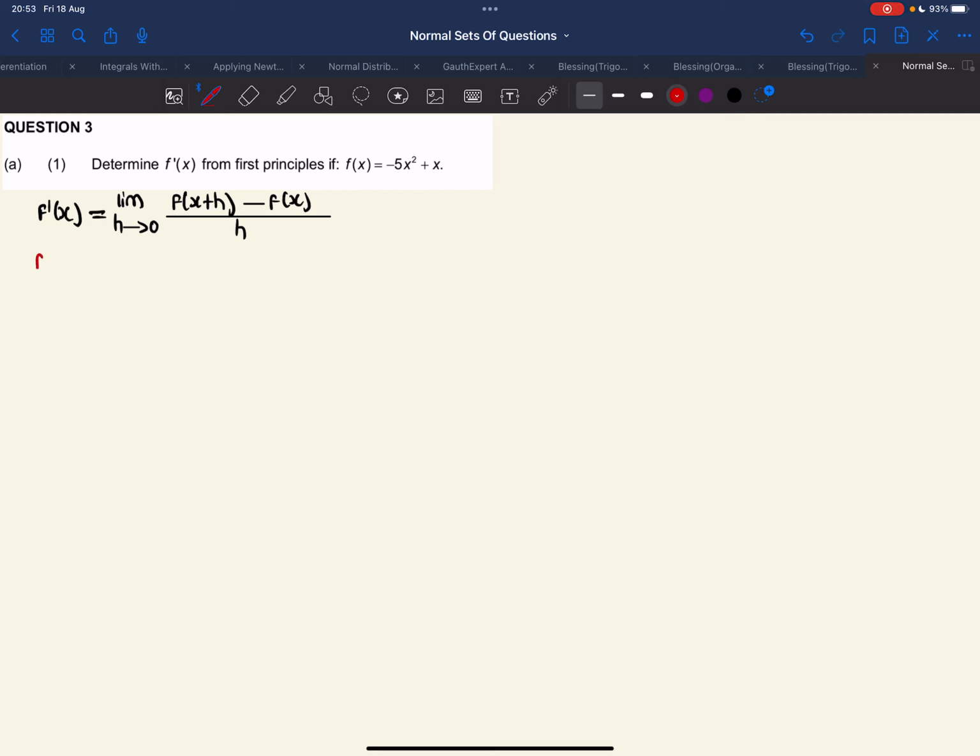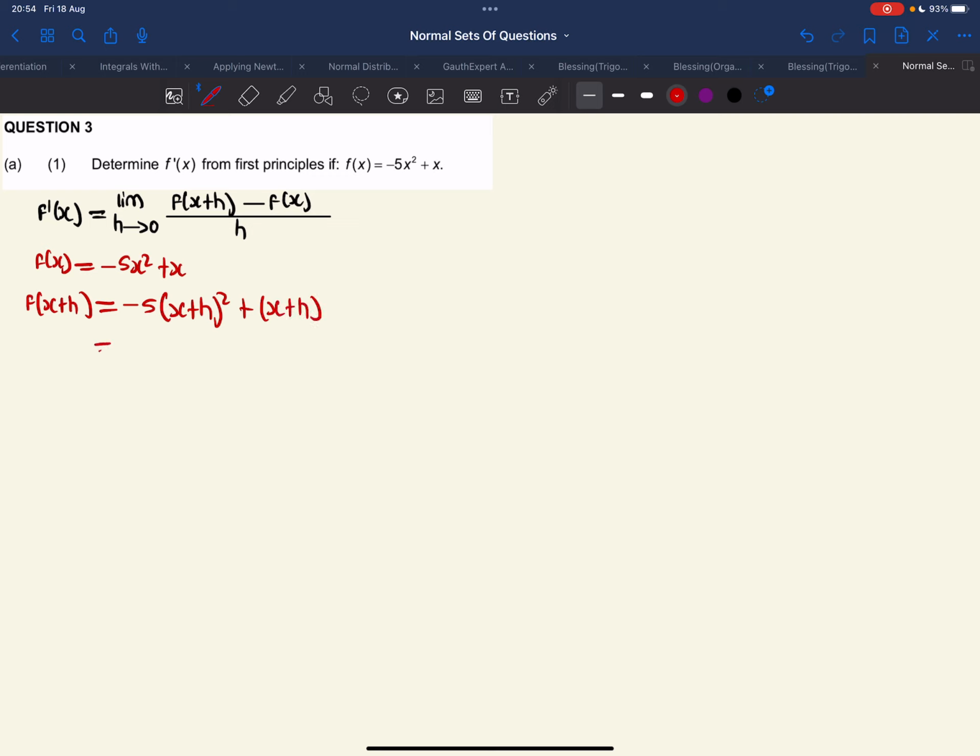So remember, your f of x is given as minus 5x squared plus x. Now we need to determine f of x plus h, which equals minus 5 times (x plus h) squared plus x plus h.